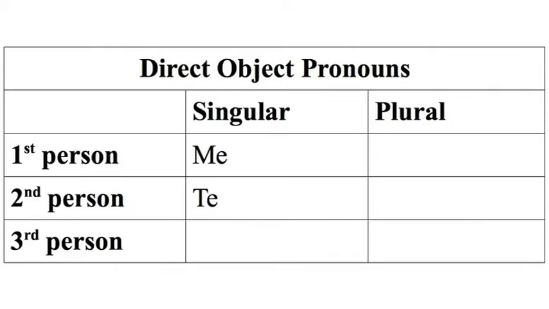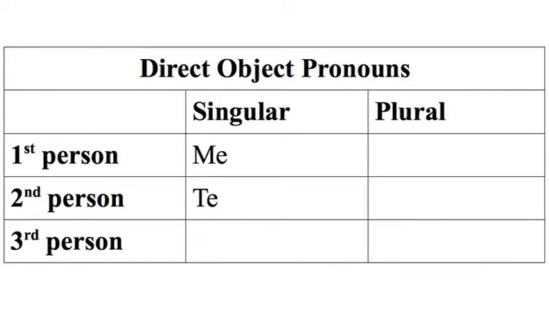Now, if you are the direct object, like Selena sees you, you would use the direct object pronoun te, very similar to the personal pronoun tú, but te tells the reader or listener that you are a direct object and not the subject. Nice distinction that Spanish has that English does not.